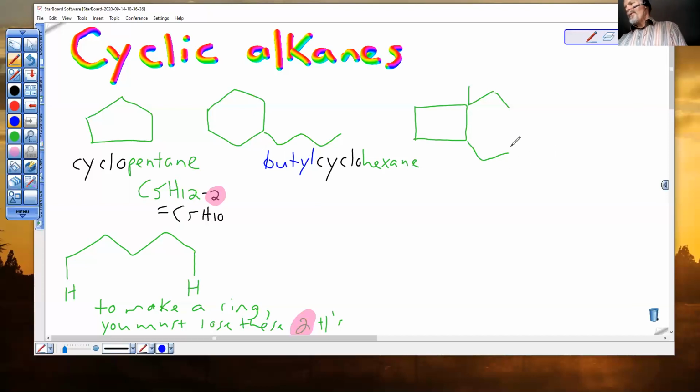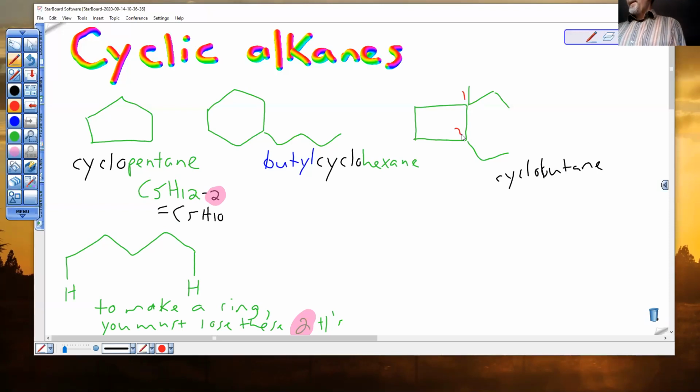Our next example, though, we're going to need numbers because there's more than one group. It's a cyclobutane because it's got a 4-carbon ring. And it's got 2 ways of numbering. If we chose this to be 1, we would go here for 2.